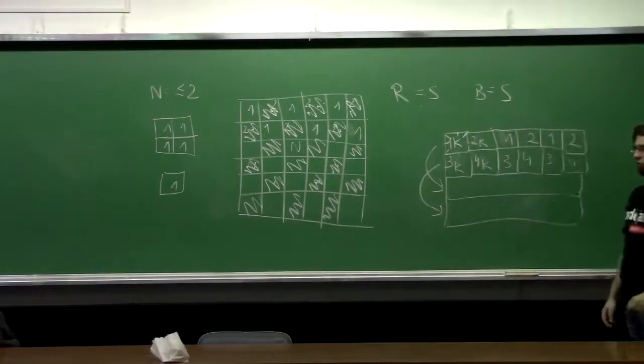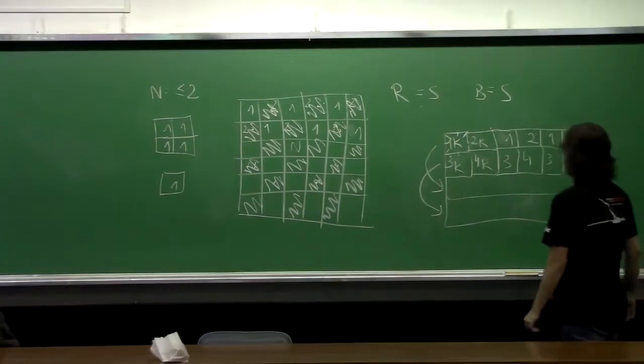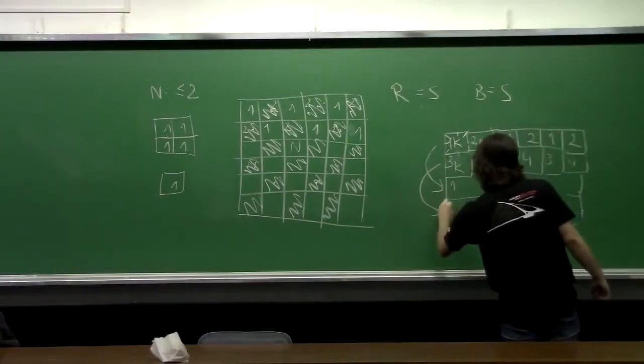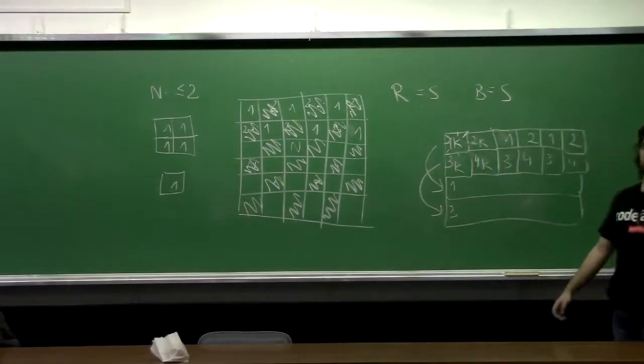The fourth row should be the same as the second row, and so on.